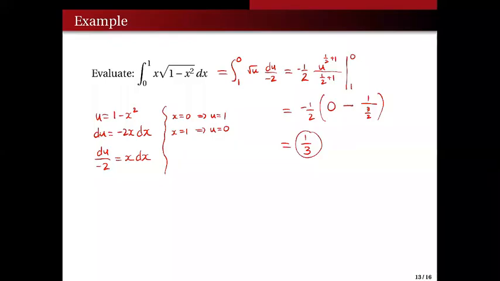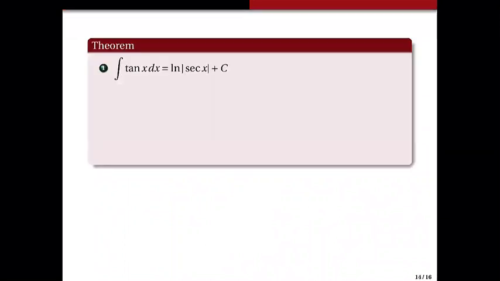All right. Now, let us look at some theorems. As I have mentioned at the beginning, we will add more formulas in the set of formulas that you currently have. So we'll have the integral of tangent x dx.